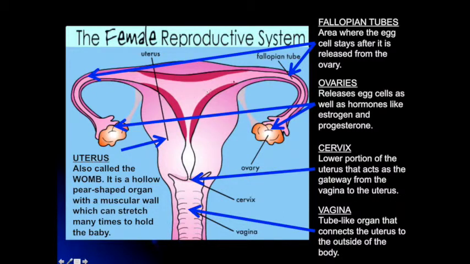If it chooses the right side, that's the only time that they can find the egg cell, and then one lucky sperm gets to fertilize it, which is when the sperm inserts itself into the egg cell, thus making it a fertilized egg cell, in other words, a zygote. Okay?